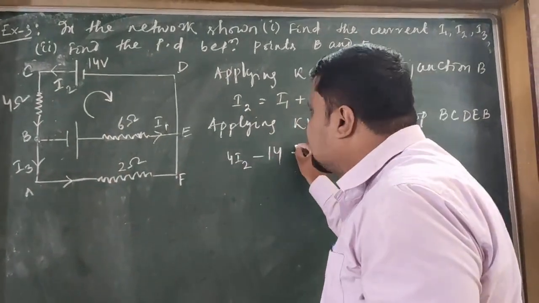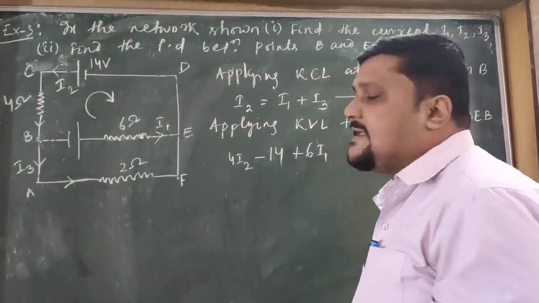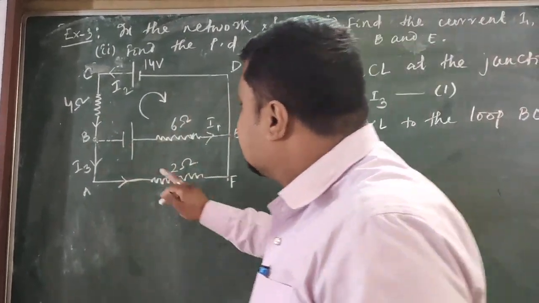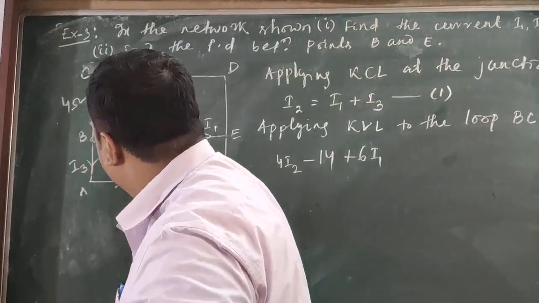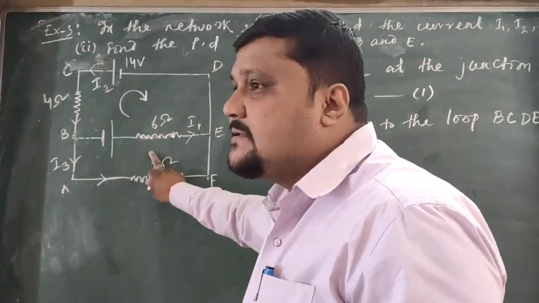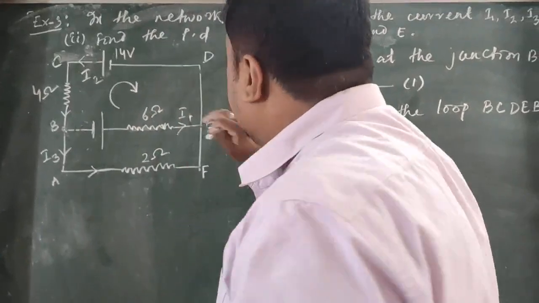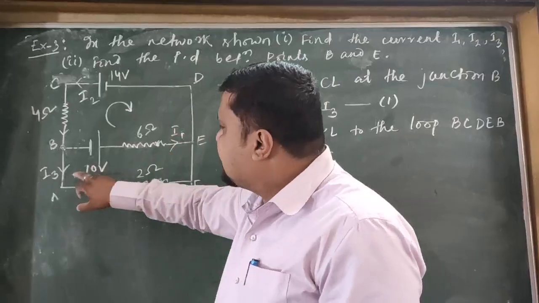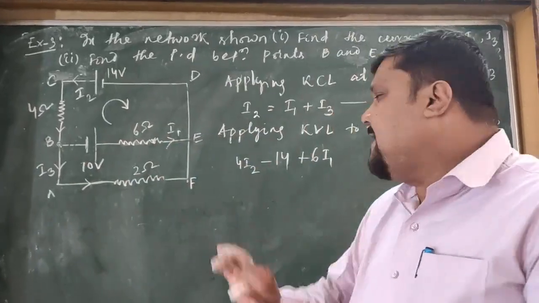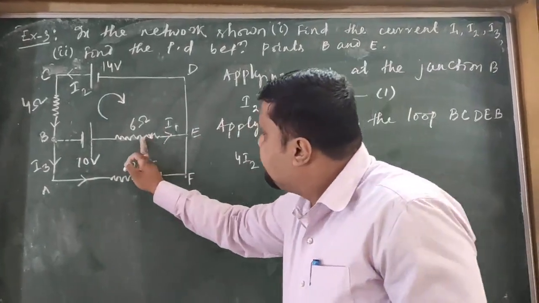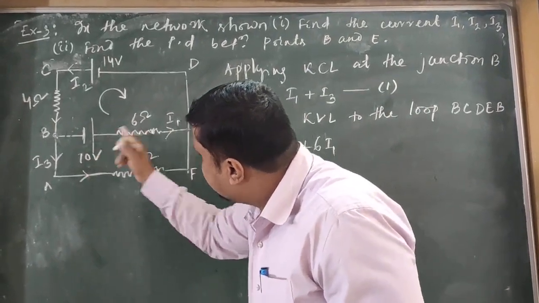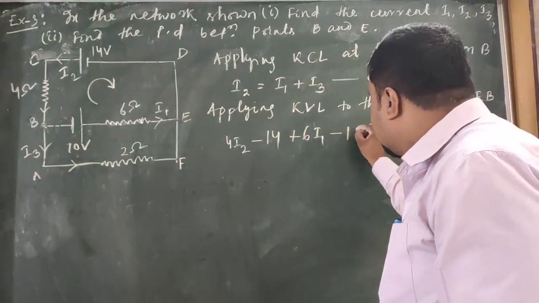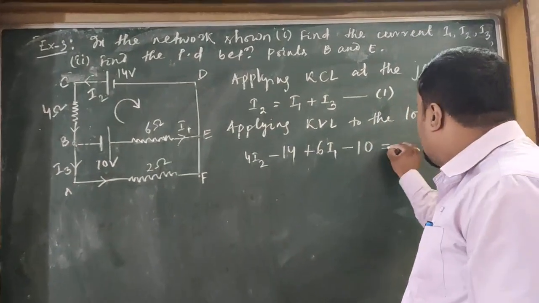This is plus 6I1. Then comes this cell, whose EMF is given as 10 volt. When you come along this path from E to B, the positive terminal comes first, so I take minus 10, equal to 0.